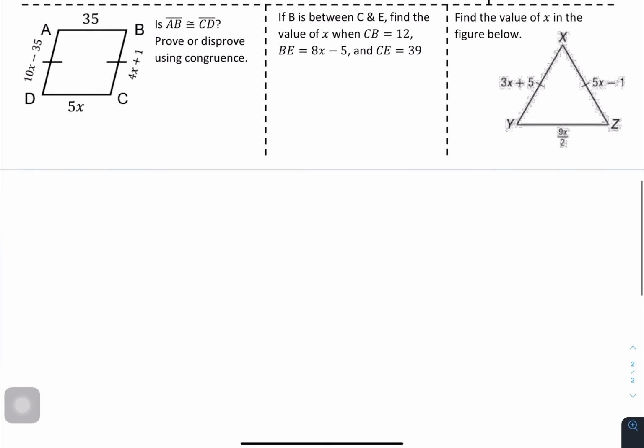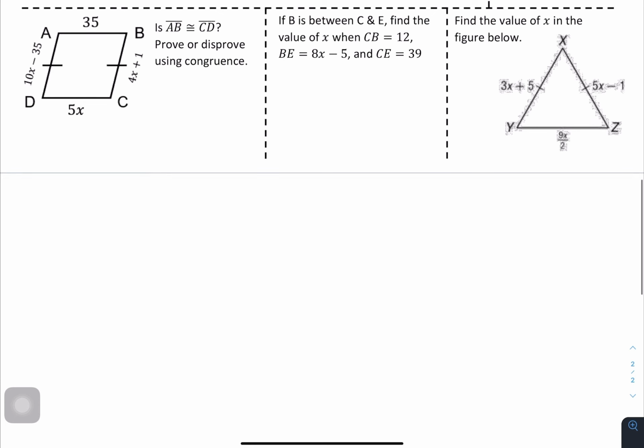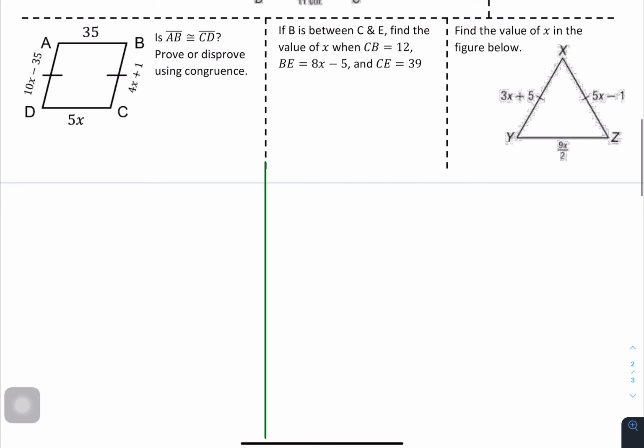Let's do this problem right here. They give you this figure and they ask, is AB congruent to CD?